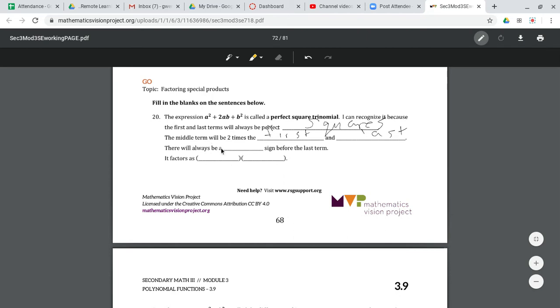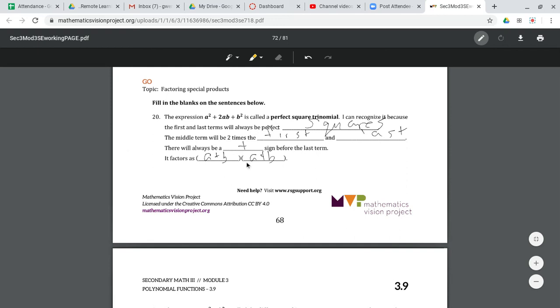There will always be a plus sign before the last term. So in all the ones that we had, it's always plus. And it factors as a plus b, a plus b.